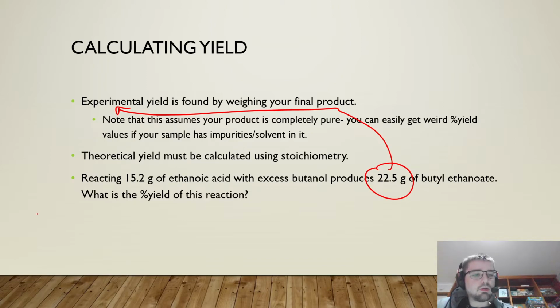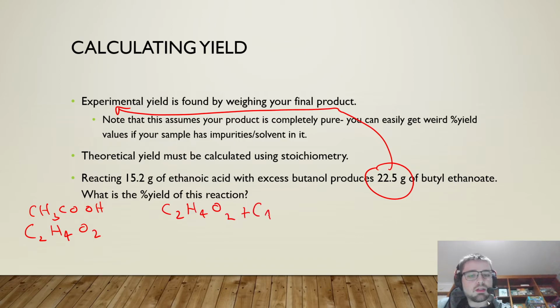Remember, ethanoic acid is CH3COOH. I can simplify that down to C2H4O2. So C2H4O2 plus C4H9OH is going to make butyl ethanoate.